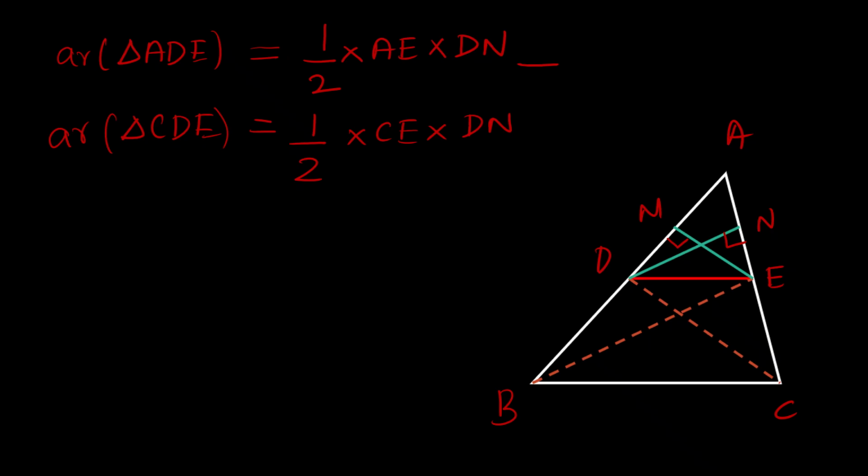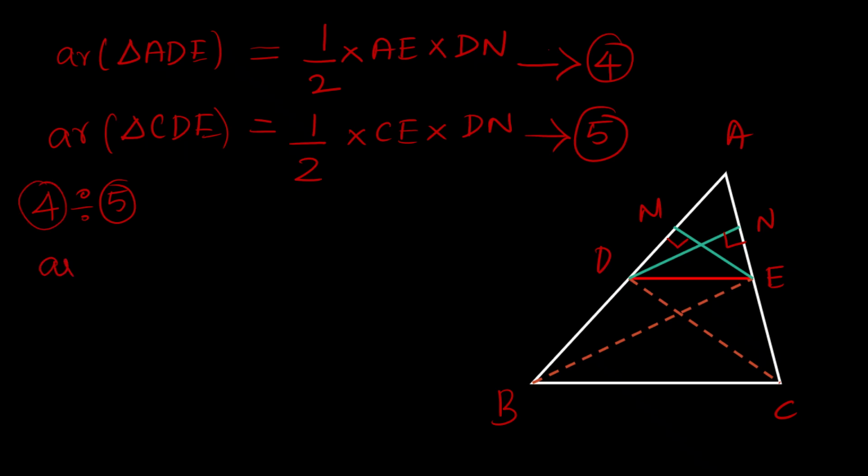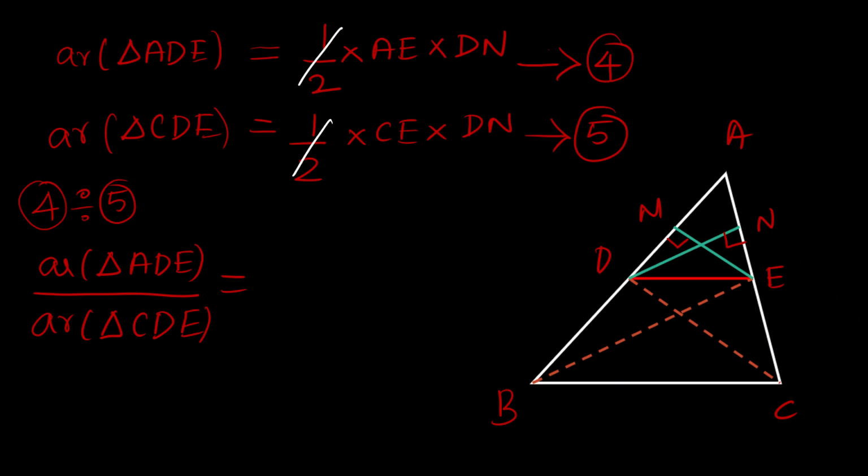Let me mark this as 4 and this as 5, and when I divide 4 and 5, I get area of triangle ADE by area of triangle CDE is equal to, common things get cancelled: 1 by 2, 1 by 2 will get cancelled, and DN will get cancelled.